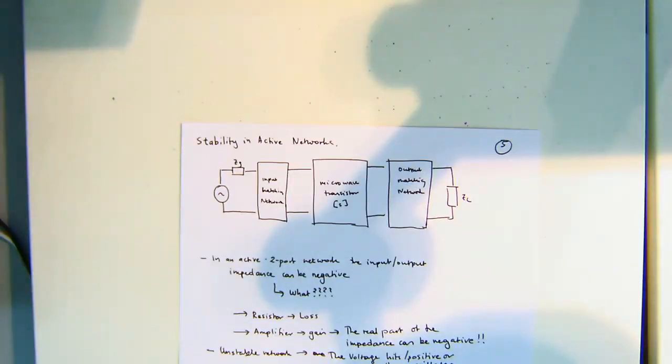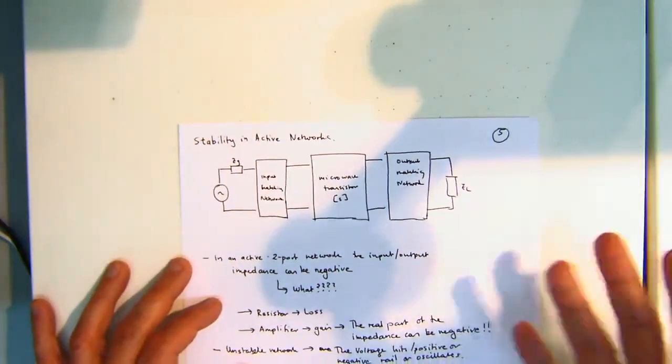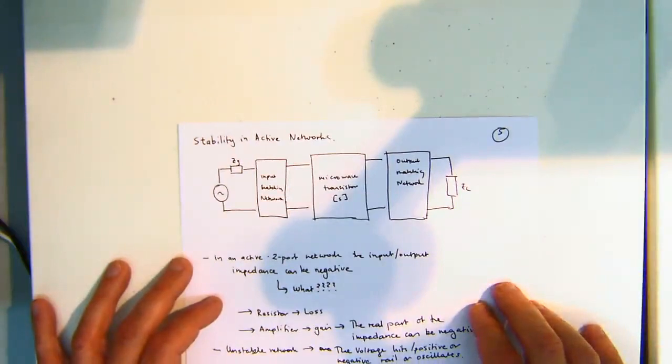So if you put a large capacitor at the end of an op amp, what you'll find is it begins to oscillate. We've got the same issue here, especially with microwave or high-speed power amplifiers.